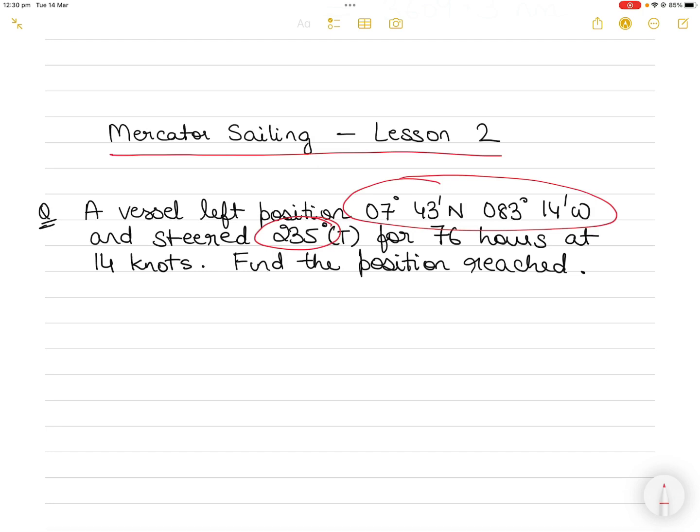Here the distance is given in hours and speed, or rather time traveled. We'll talk about that later, but especially when a distance and a course is given and a departed position is given, how do you find the position arrived? The other thing that I will show you today is how to carry out an interpolation for finding the meridional parts value of a latitude. All right, so let's start.